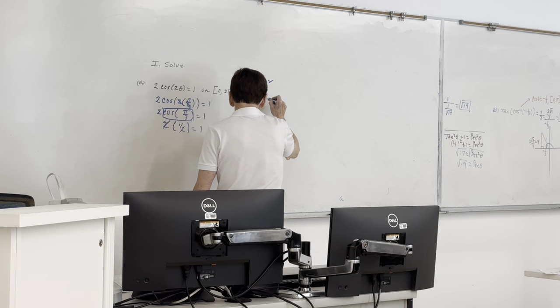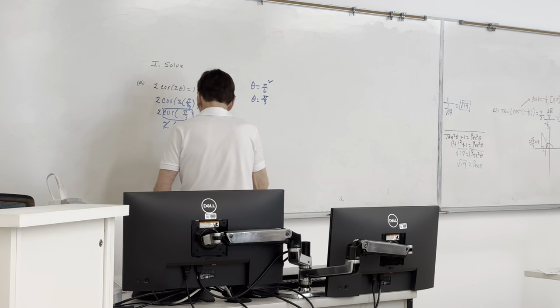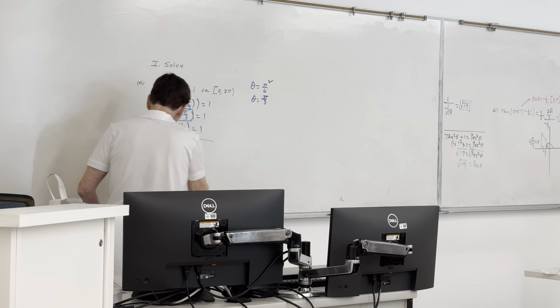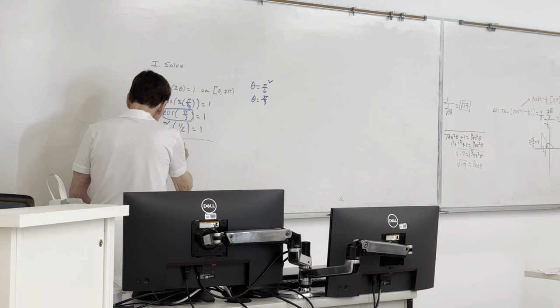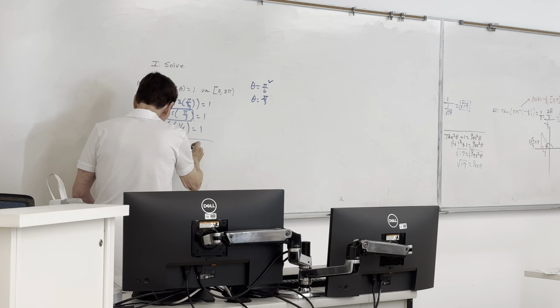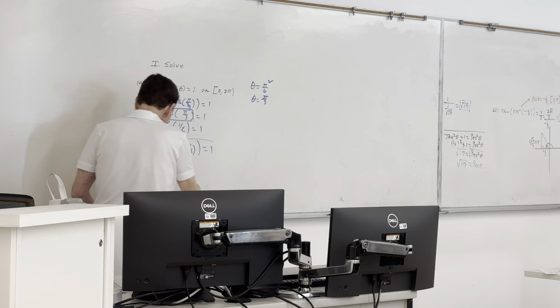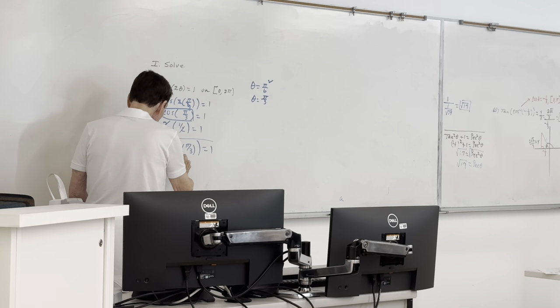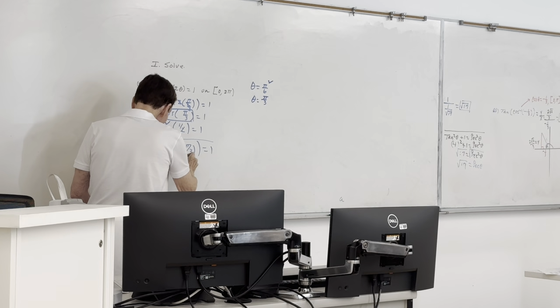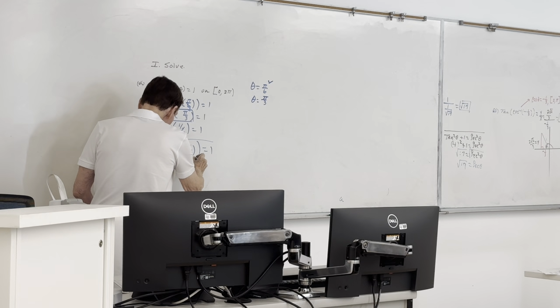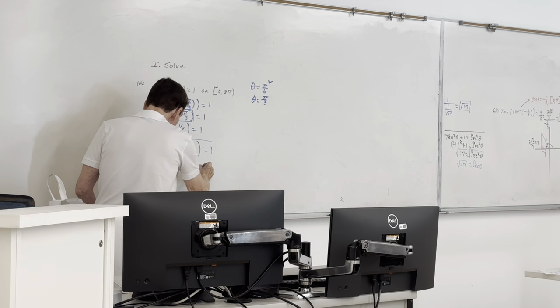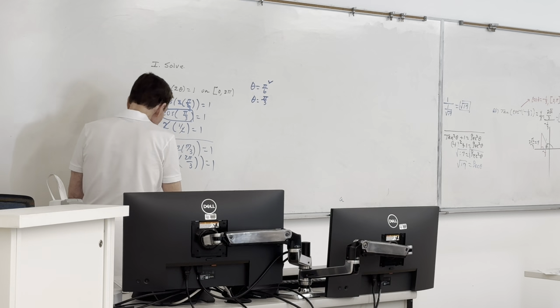Hang on. We'll check pi over 3. 2 cosine double pi over 3. Just give me a 1. 2 cosine inside there. Well, just 2 pi over 3, nothing cancels. Equals 1.